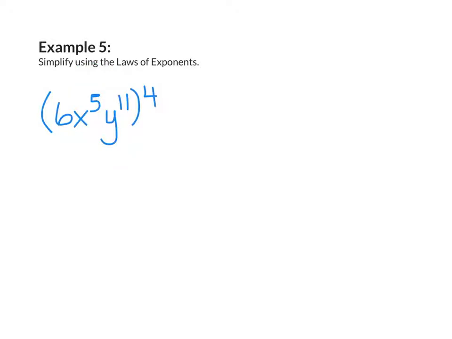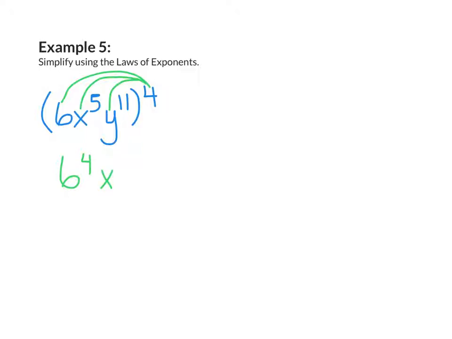Example 5. Simplify using the laws of exponents. I have 6x to the power of 5, y to the power of 11, all of that raised to the power of 4. So I'm going to distribute that 4 to the 6, the 4 to the x, and the 4 to the y. So that's going to give me 6 to the power of 4.